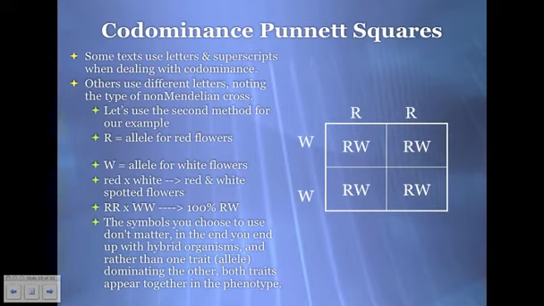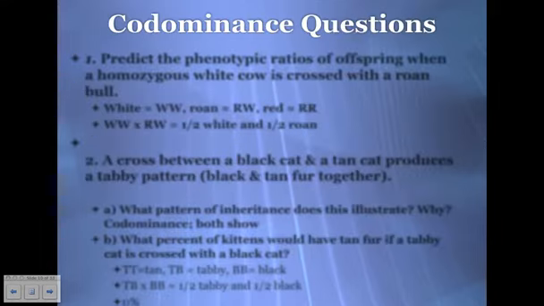And if we took that to the next generation, we would see that red and white spotted flowers crossed with each other would produce both the pure red and the pure white along with red and white spotted in a 1:2:1 ratio. The 2 in the 1:2:1 ratio would be the red and white spotted. So let's now take a look at some practice problems.